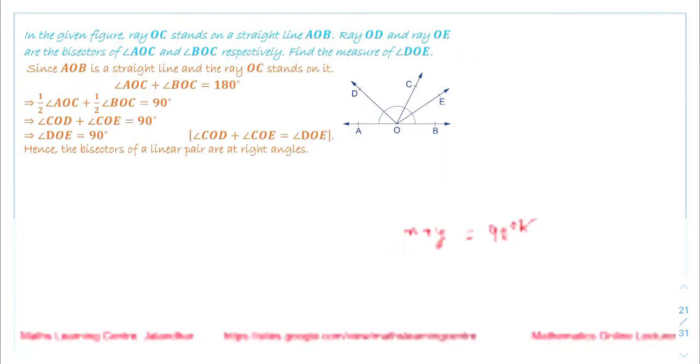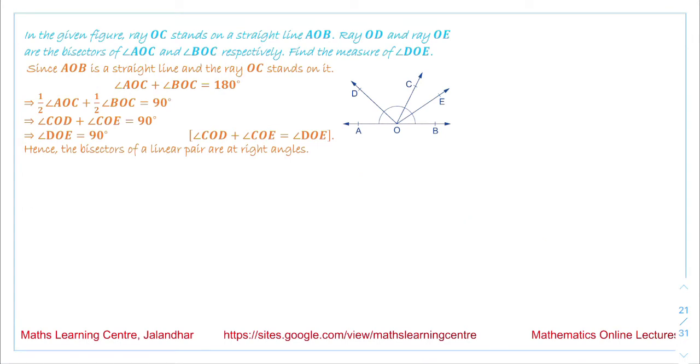Now in the next question, it is given that ray OC stands on a straight line AOB. This is a straight line given to us, and rays OD and OE are the bisectors of angle AOC. So we are saying this is the bisector of this angle, which means this angle is equal to this angle, and the second thing given to us is that this angle is equal to this angle.